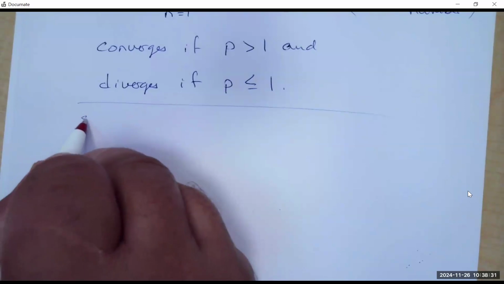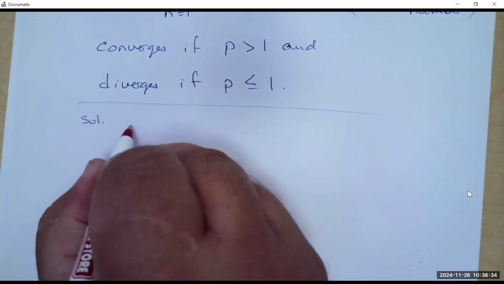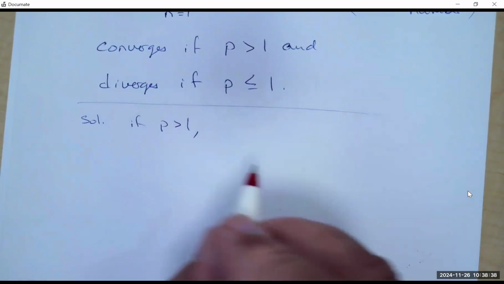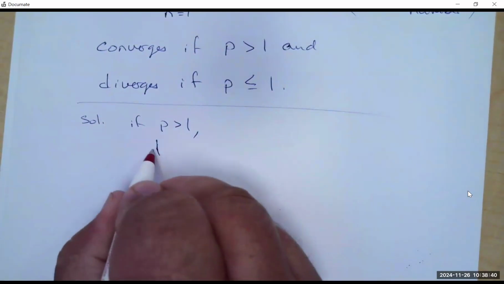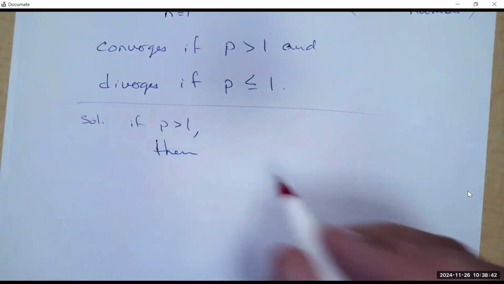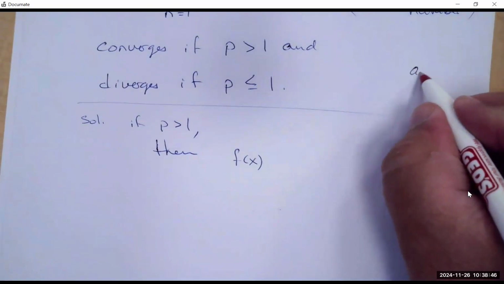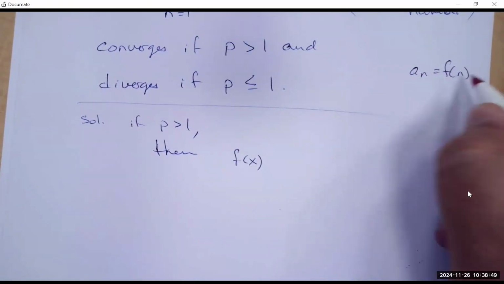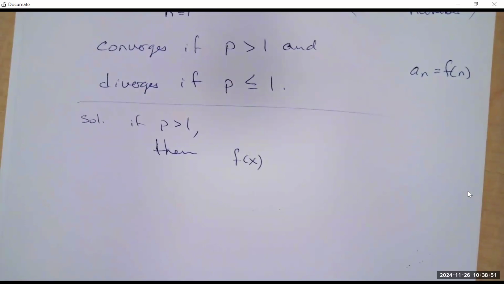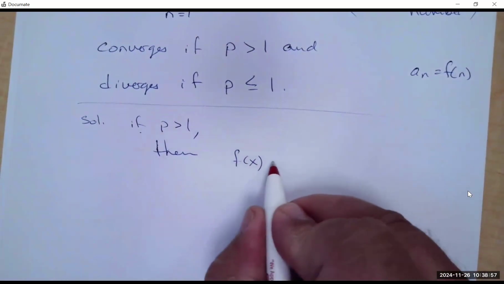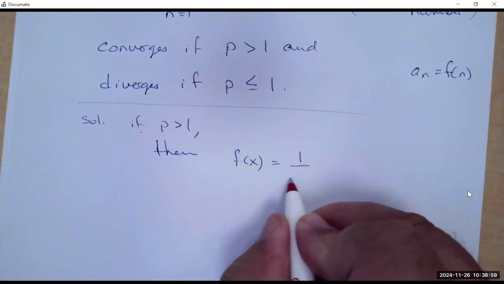So here's our solution. If p is greater than 1, then what do we know? Well, what does f of x equal? Because remember, a sub n has to equal f of n, according to our theorem. So if p is greater than 1, then f of x equals 1 over x to the p.